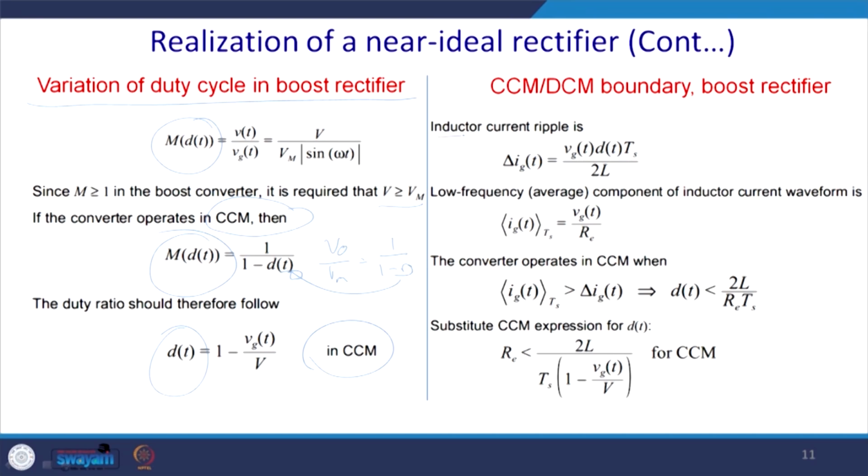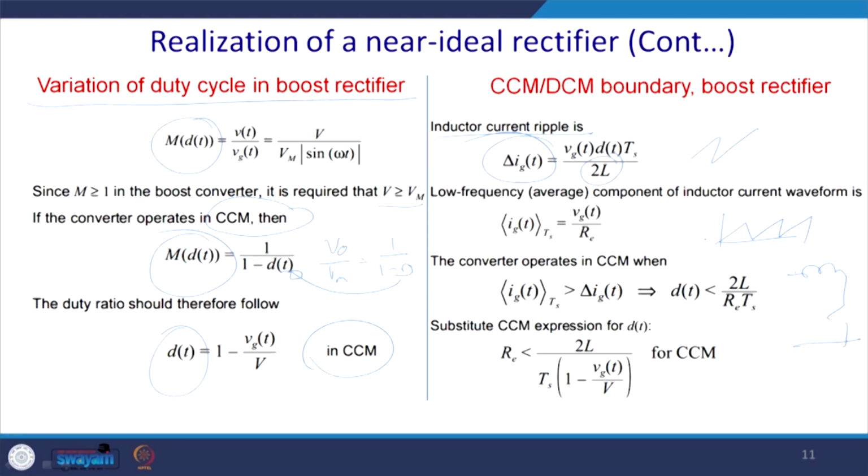So, the inductor ripple is Δig equal to Vg d(t) Ts by 2L. This is the current ripple that you will allow inside the inductor. So, you know that this is a boost topology, thus current will go up, go up, go up, come down.